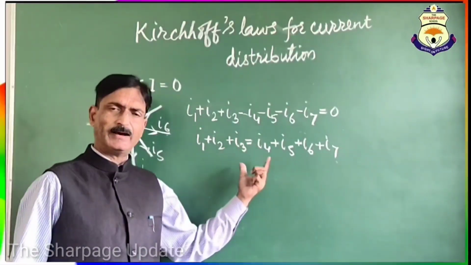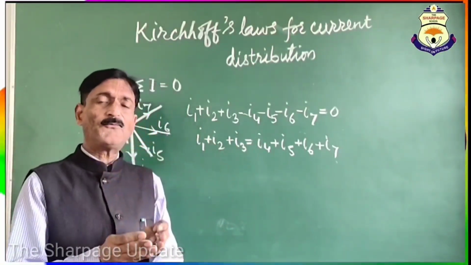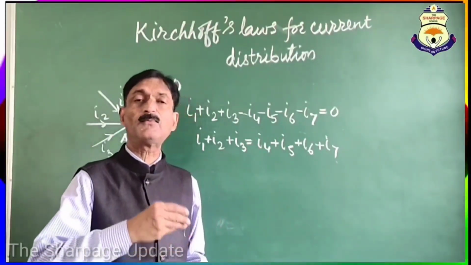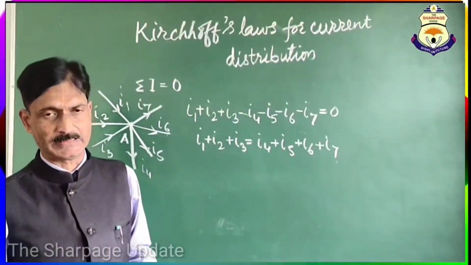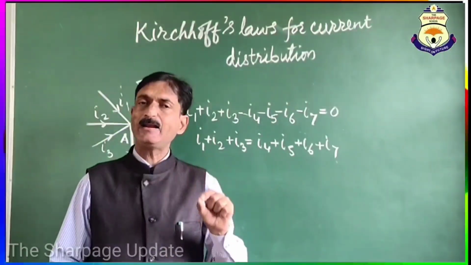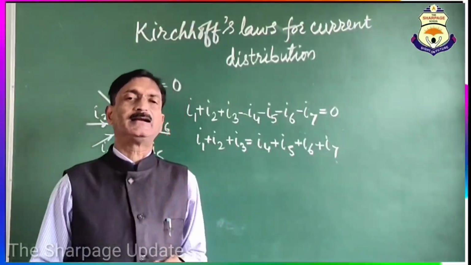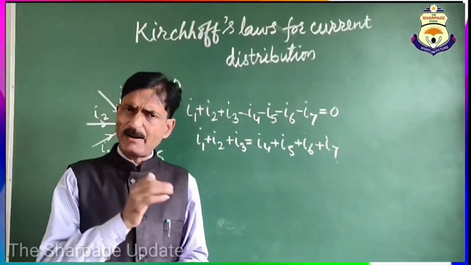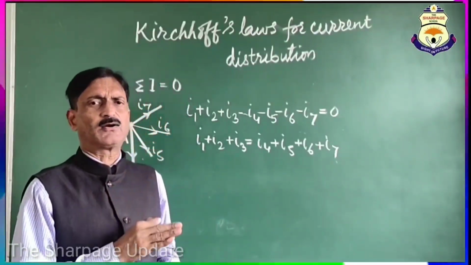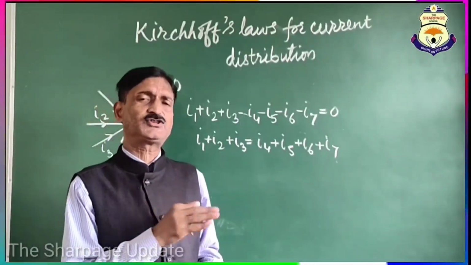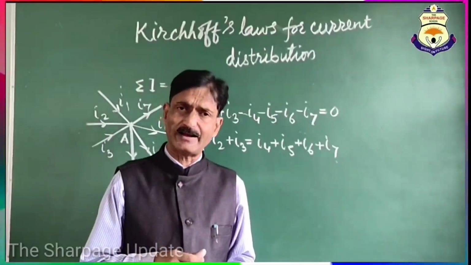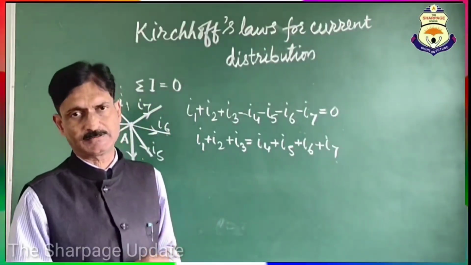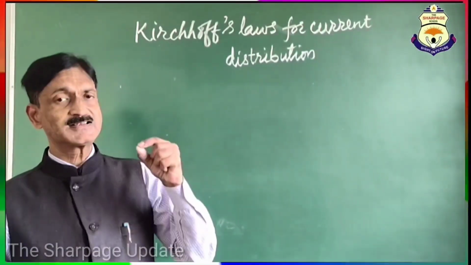So the sum of all incoming currents is always equal to the sum of all outgoing currents at any junction in any electrical circuit. This is Kirchhoff's current law, and remember, Kirchhoff's first law of current distribution is based on the conservation of charge.